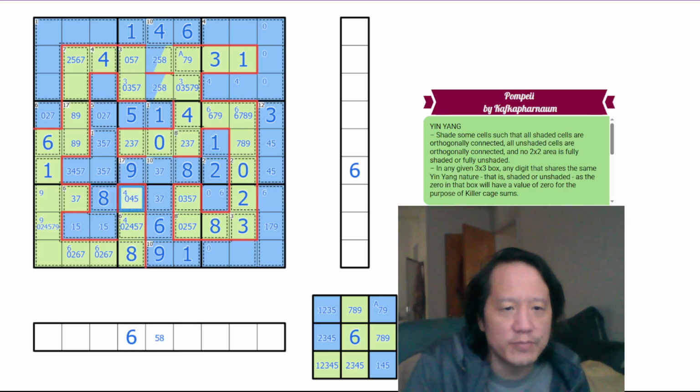We have a 3 7 pair here, a 3 7 pair here. This can't be 5. No 5 here, no 5 here. This is a 3 7 pair. So this one matches one of these two.